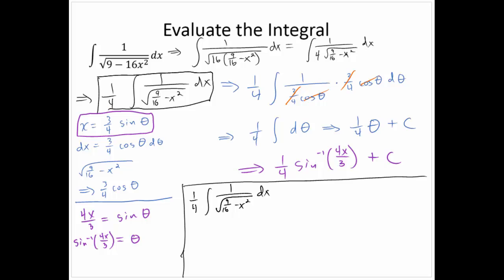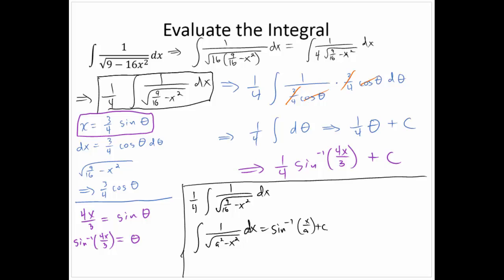We learned back in the previous chapter that the integral of 1 over the square root of a squared minus x squared, with a dx, was sine inverse of x over a plus a constant.